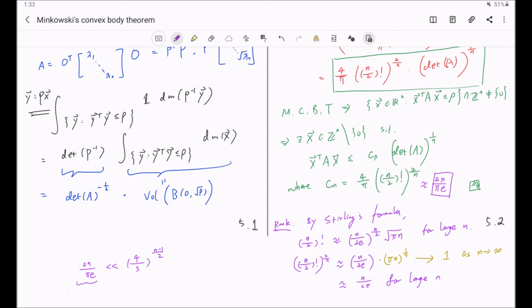So this is Minkowski's constant, and this is Hermite's constant. And you see when n is very large, this guy will be much smaller than this, which grows exponentially. And this will become an advantage for high-dimensional problems.